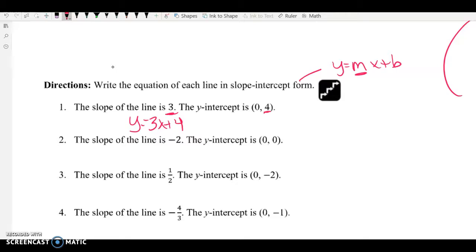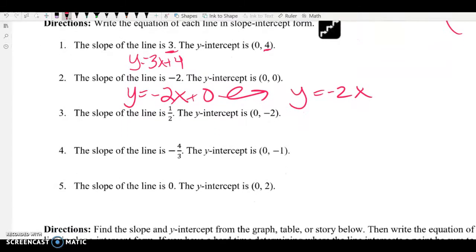Okay, the slope of the line is negative 2, so that's my m. So I get y equals negative 2x plus 0. Okay, this is one of those lines that goes through the origin, which means, hey, it's proportional. So another way we could write this would be just y equals negative 2x. It's a proportional line, it goes through the origin.